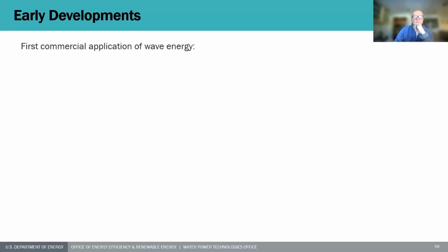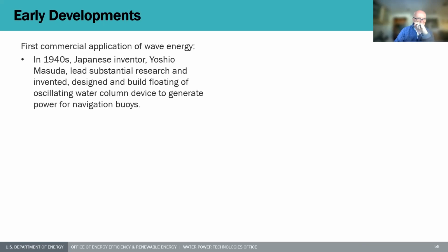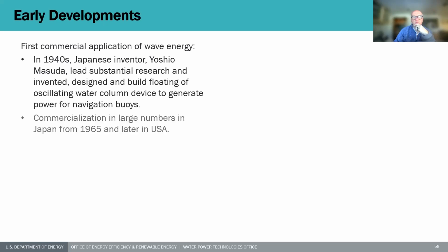Other early developments, which is very remarkable, the first commercial application of wave energy was implemented by, later on called Commander Masuda, who developed a wide variety of oscillating water columns, and the one I'm referring to here was used as a navigation buoy, and large numbers of those have been installed and used in Japan, but also later in the US.